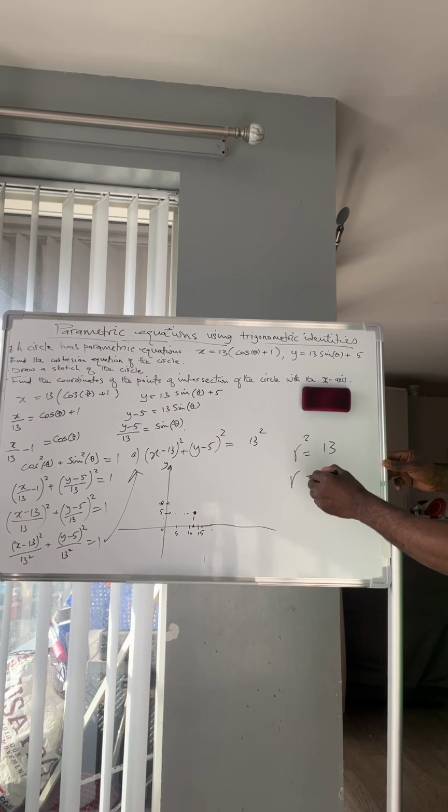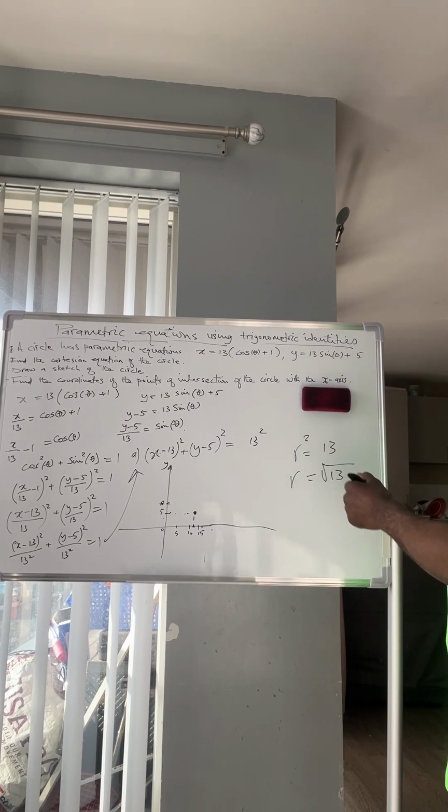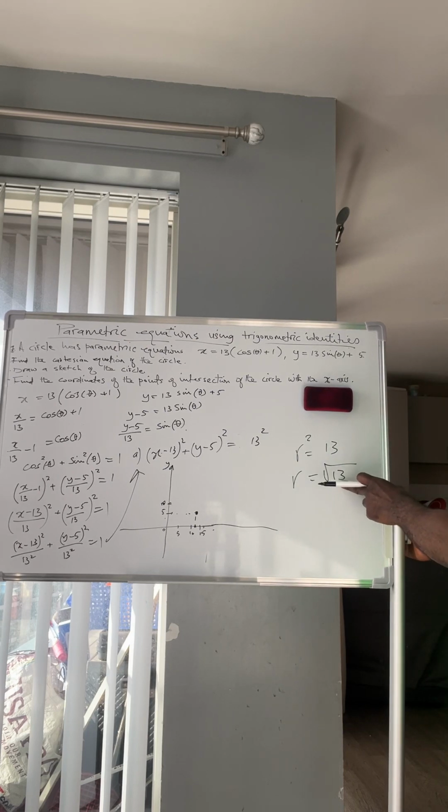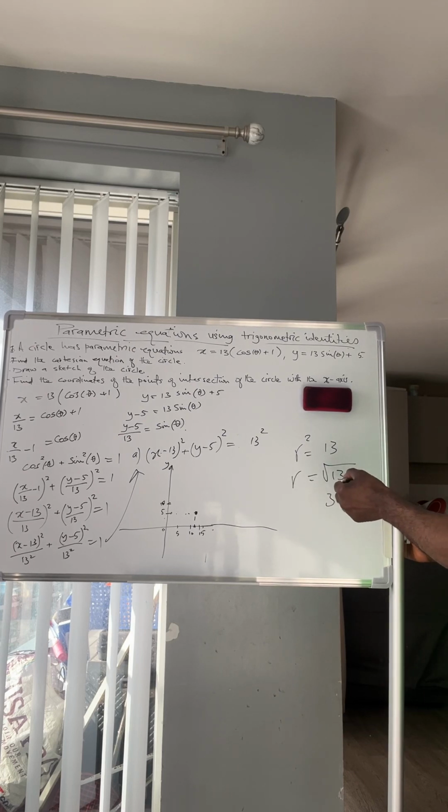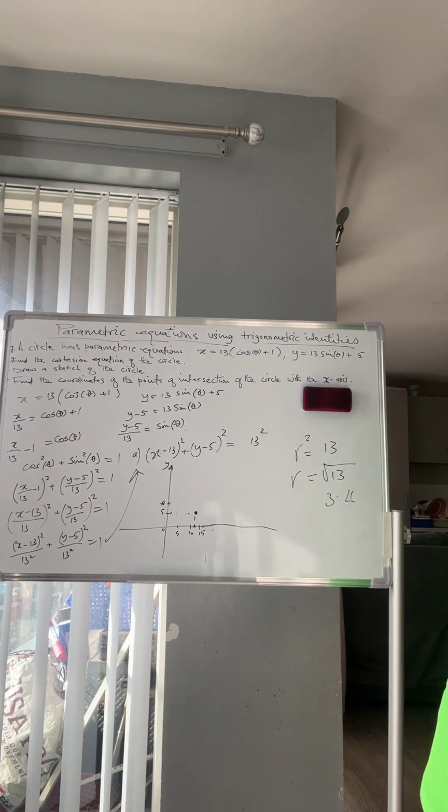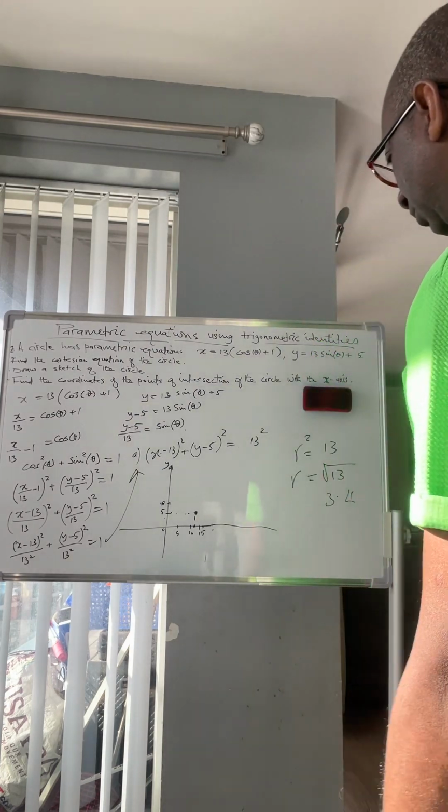So what is radius? This is the root of 13. Root of 13, 3 times 3 is 9. It's 3 point something. 16. 3 points, maybe 4. Let's just assume. You are just sketching.